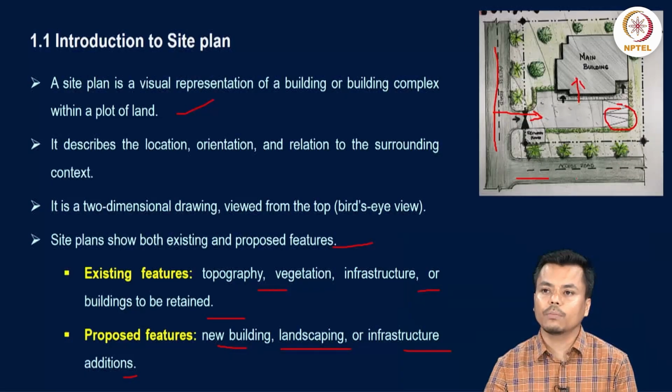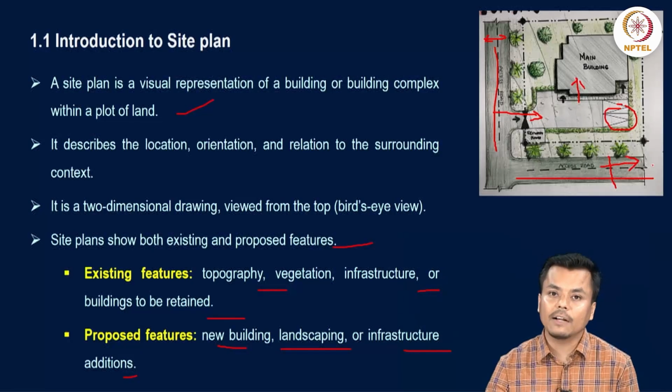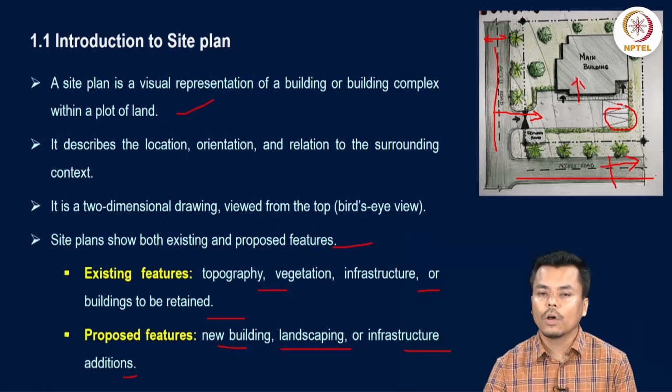There are roads in both directions, so these are highlighted in the drawing, and the width of each road has to be mentioned appropriately. All this information has to be mentioned, along with the direction the road leads to. What is the major landmark we reach if we go in this direction, and likewise for this direction.